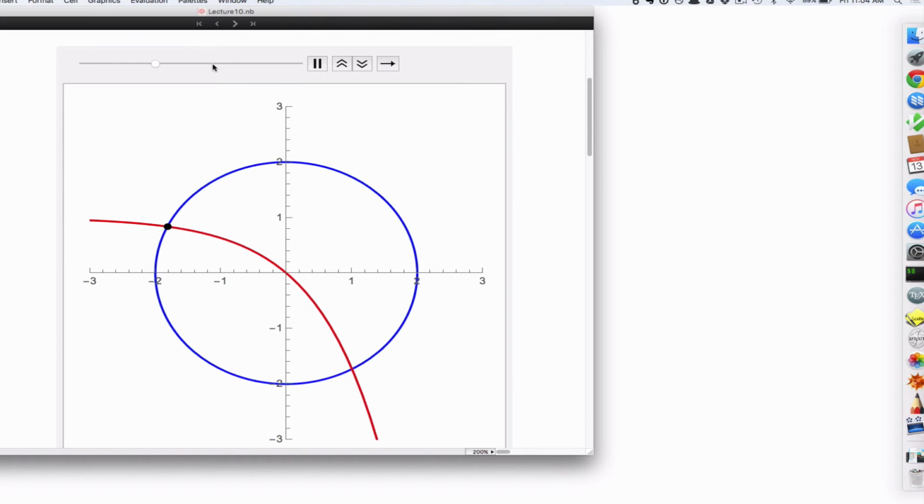So here's my initial guess. One iteration, I'm pretty close. 2 iterations, 3 iterations, 4. And at some 5, 6, 7, the answer doesn't really change. So I honed in on the root. So I found it.